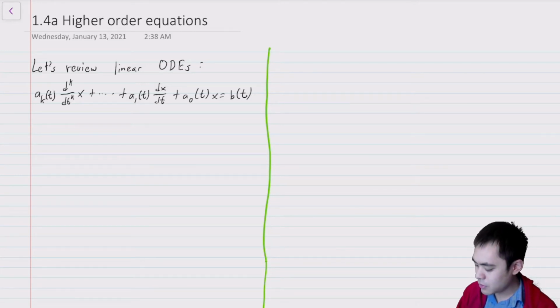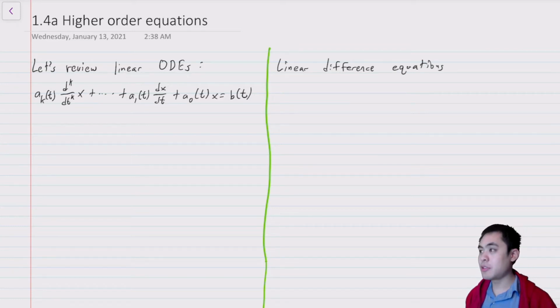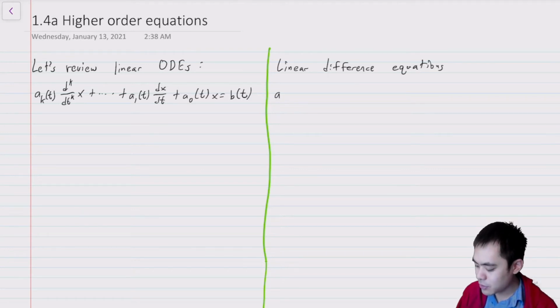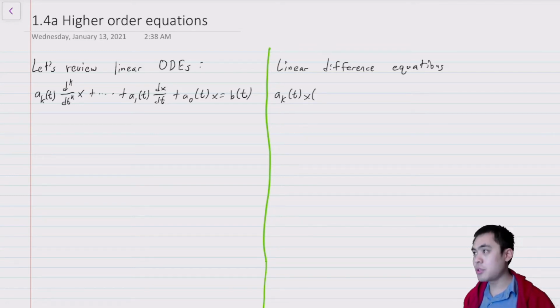So let's see, linear difference equations. And I'm going to use a slightly different notation from the last time, just to make things even more analogous. So here we have a_k of t, x. In the previous notation, we used x sub t plus k. I'm going to do x of t plus k.